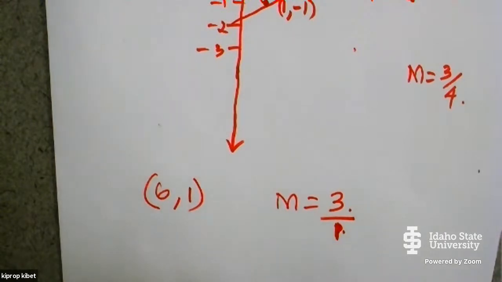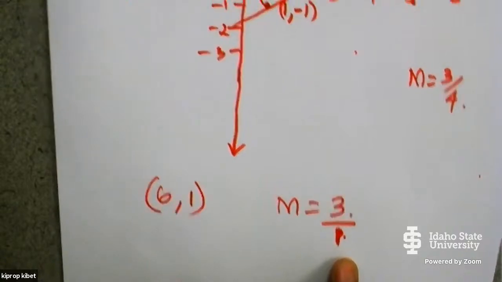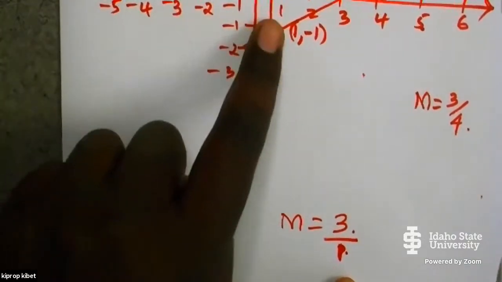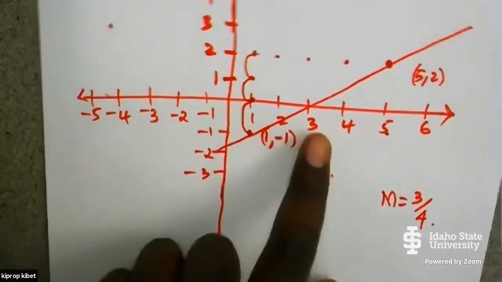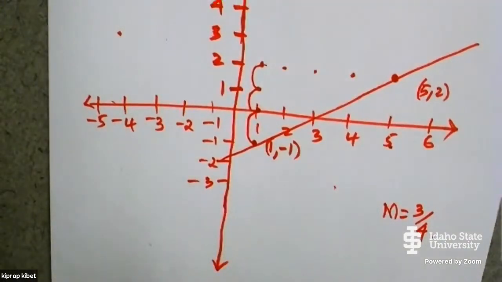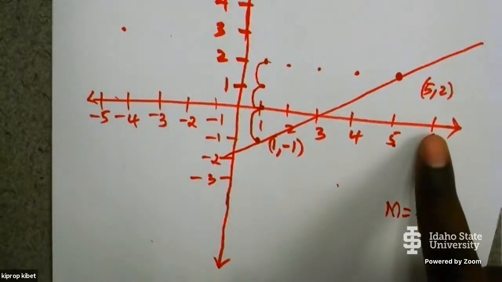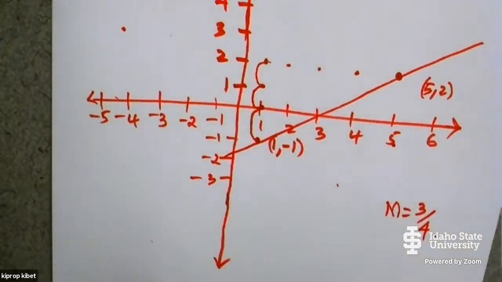Was that the question that you asked? Yeah. So we can do it over here. Okay. So 6, 1. So 6. And then, okay, that's 12.